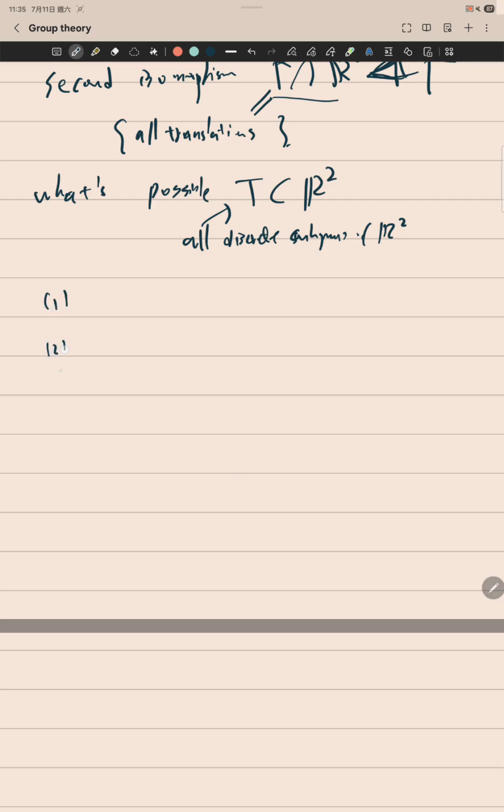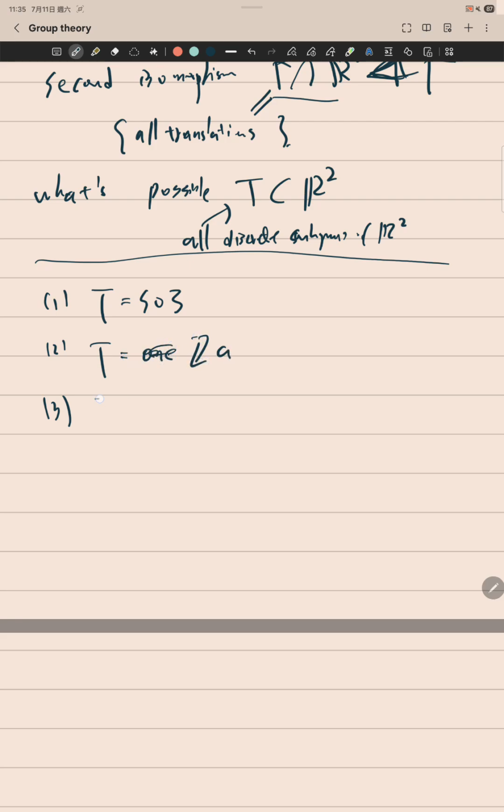To prove this rigorously requires some complicated topology, but let me just tell you the results. Either T is 0-dimensional, there's no T here, or T is 1-dimensional, so just some lattice times A, or T is some 2-dimensional object, a lattice for A and B, where A, B are linearly independent.